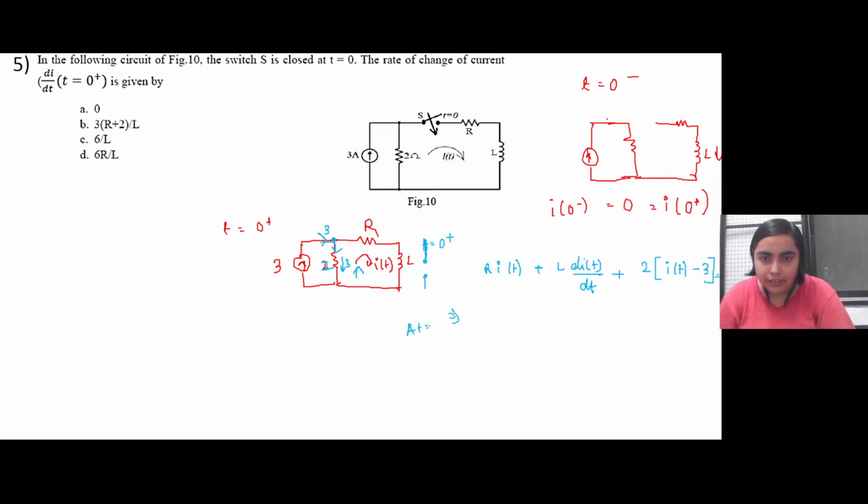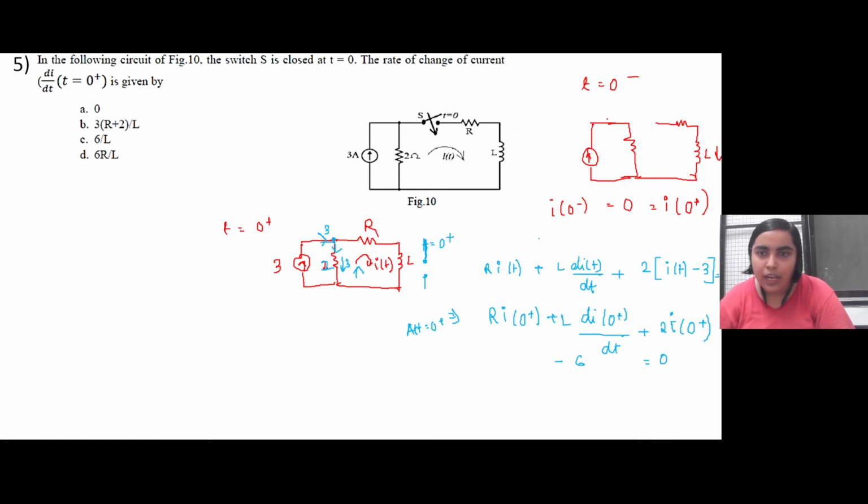At t equal to 0 plus, the equation will be R into I of 0 plus, L di of 0 plus by dt, plus 2 into I of 0 plus, minus 6 equal to 0.